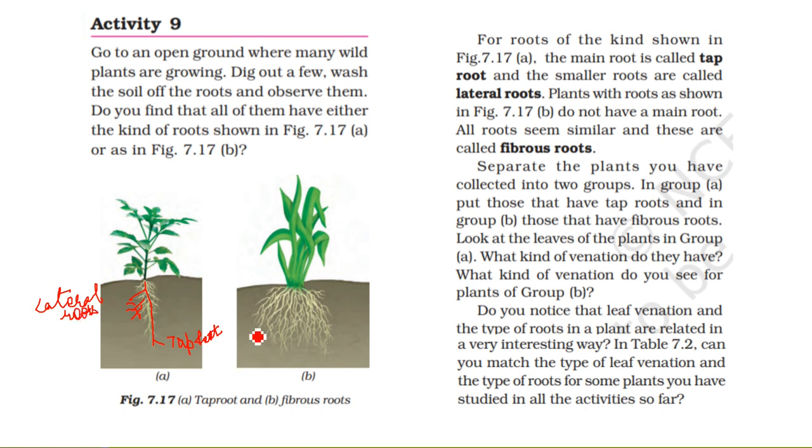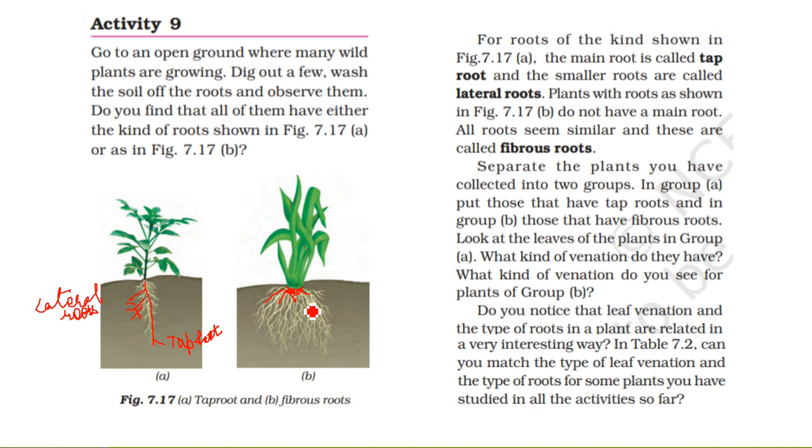In the next figure, you can observe that these are thread-like roots, and one more common point is that they have a common point of joining right here. So figure A is showing you taproot.